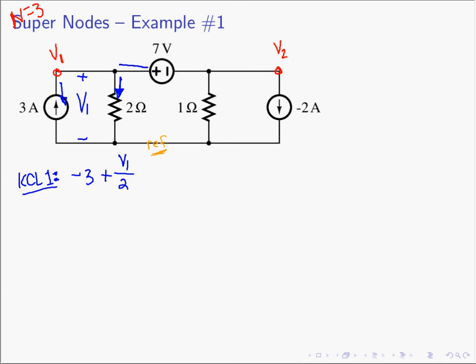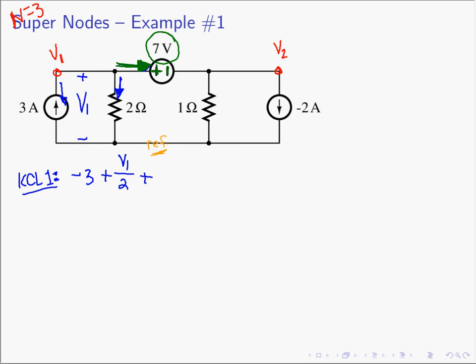And now we need the current going to the right, and this is a voltage source. Remember the definition of a voltage source. A voltage source, in this case, maintains 7 volts, plus on the left, minus on the right, no matter what the current is flowing through it.